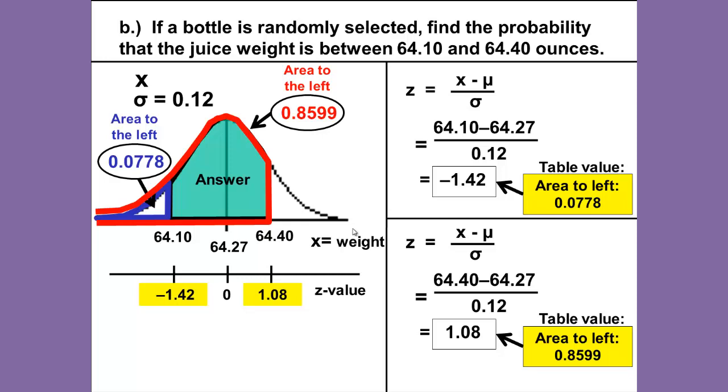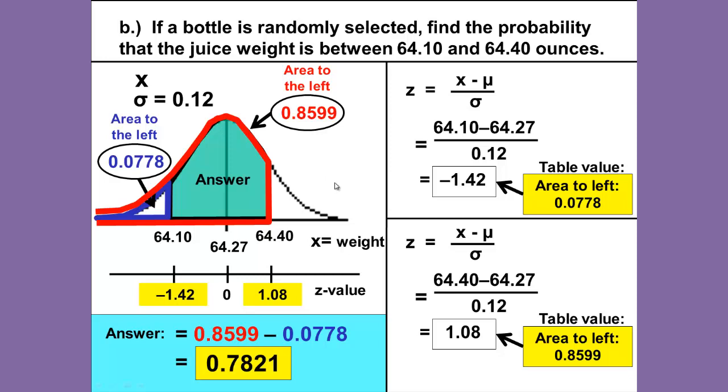It is also not the answer because that gives us too much area. The area we want is not the whole area in red, but the area in red minus the area outlined in blue. So we want 0.8599 minus 0.0778. That gives us a final answer of 0.7821.